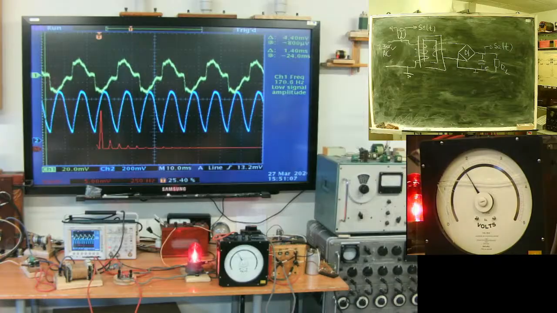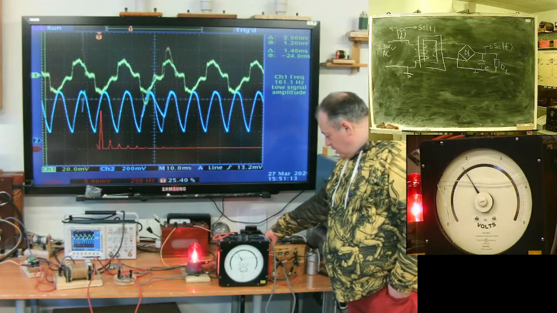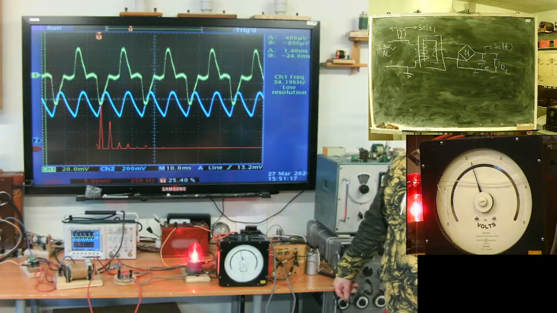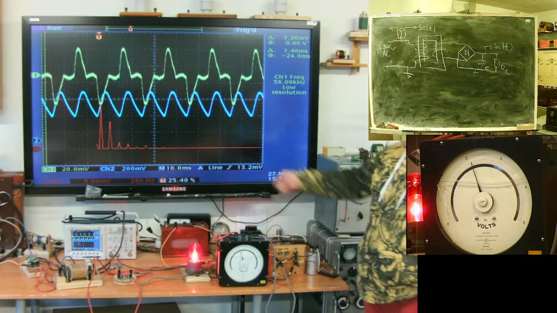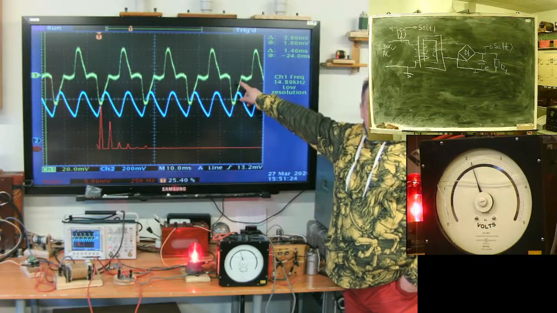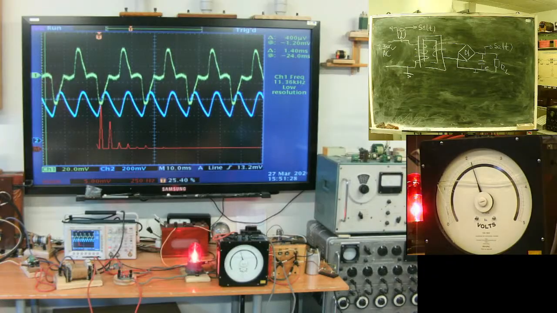Current started, we see disturbance. Right. This block, 200 microfarads. Voltage is closer to DC. But what happens with the current? What's going on?